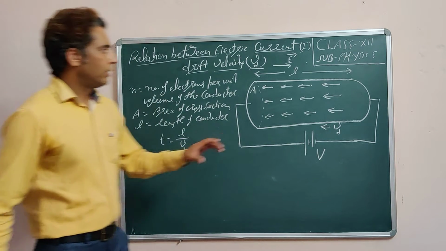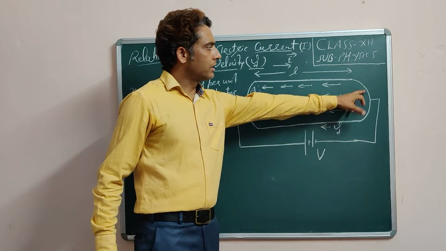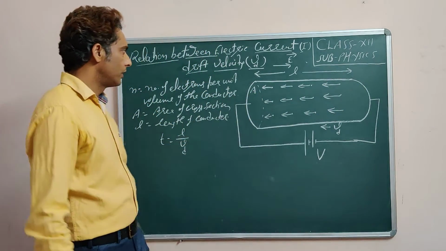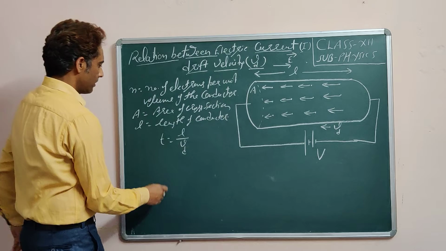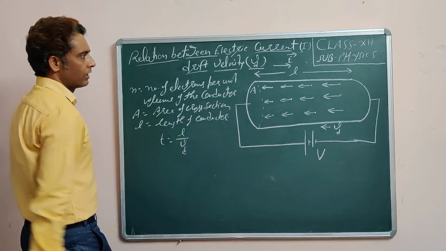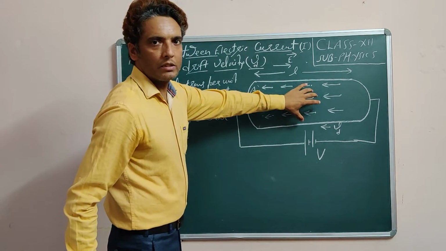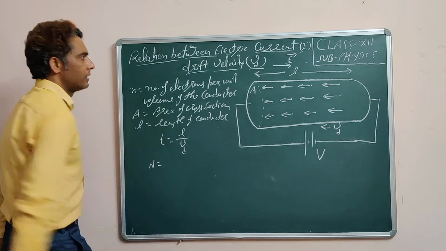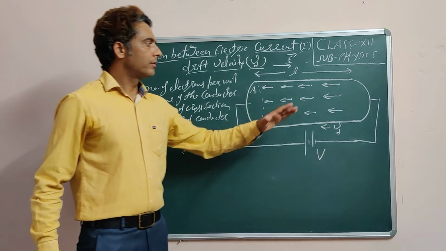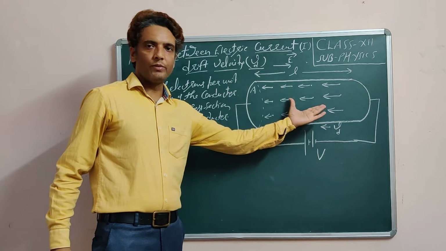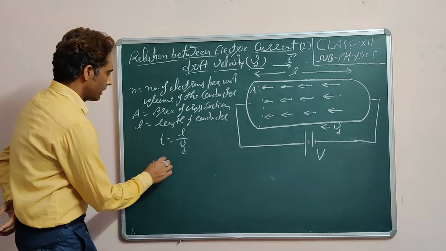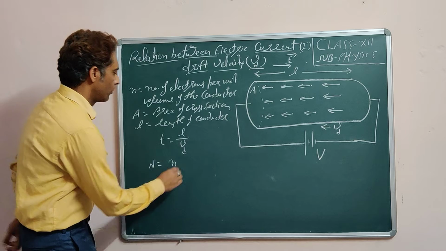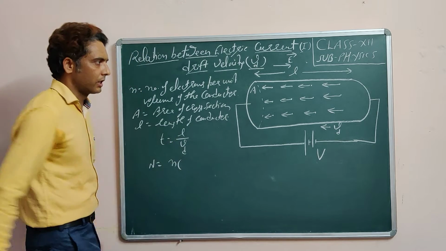Now we will see the amount of charge which enters this end and leaves from this cross section. So first we calculate the total number of electrons in this volume. If capital N is the total number of electrons in this volume of the conductor, then we can write N equals the number of electrons per unit volume times the volume of the conductor.